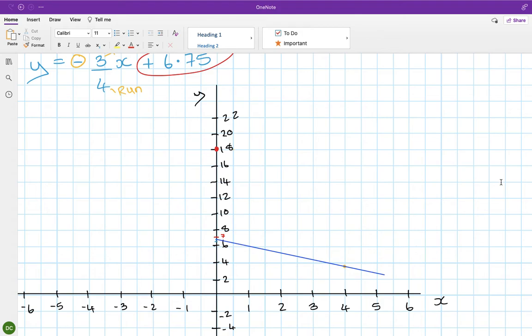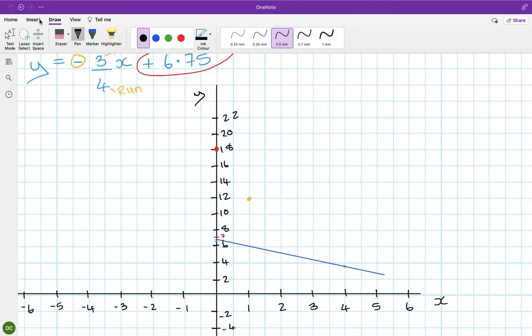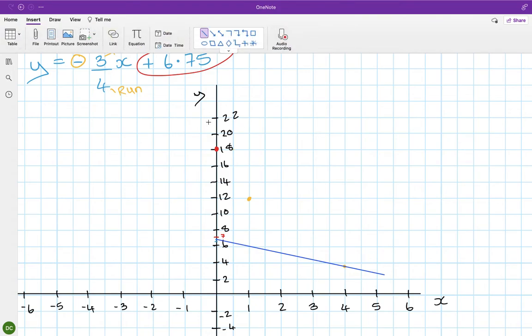So there's a run of 1. And then -3 is 1, 2, 3. Okay. So then draw. And I'm going to draw my line. I'm going to go through the yellow dot and I'm going to extend.